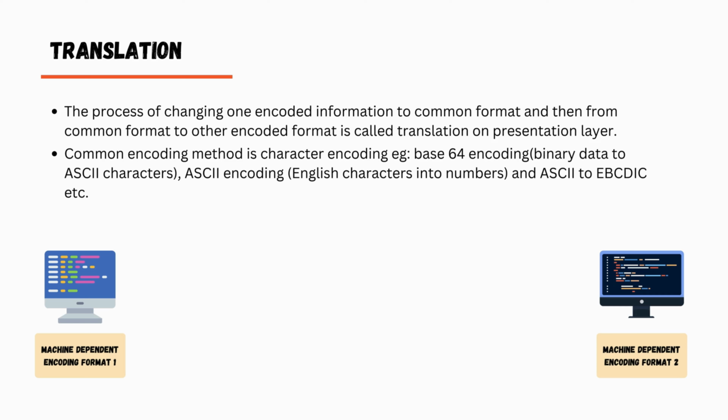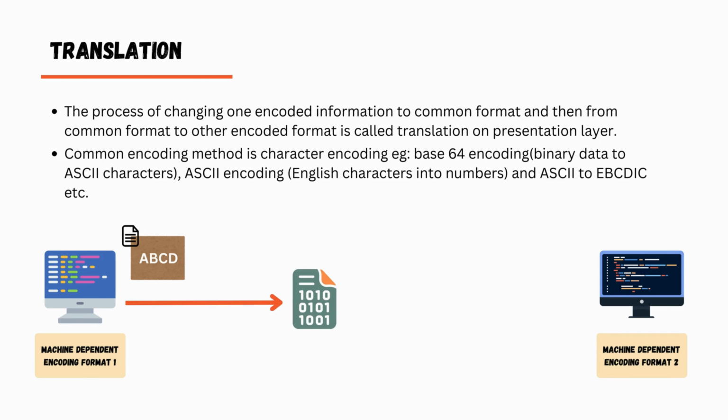Now, whenever the data gets generated from machine 1, it will generate the data in the form of ABCDs. Now, this ABCD format will be converted into the binary format, which is called the common format, so that it is understood between all the intermediate devices.